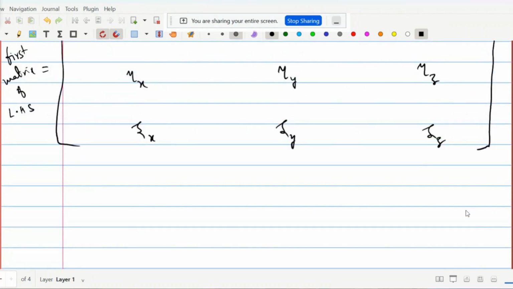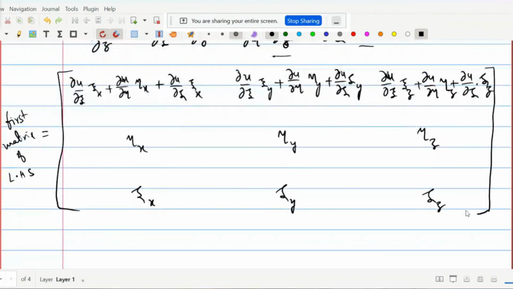What is this matrix? Can you now identify? Can you now split it into three parts? If you split this into three parts, this, this, this will be one row. Okay, first matrix. Then ∂u/∂ξ is common. So you have ∂u/∂ξ common. What is left, if you take this one: ξx, ξy, ξz, ηx, ηy, ηz, ζx, ζy, ζz.